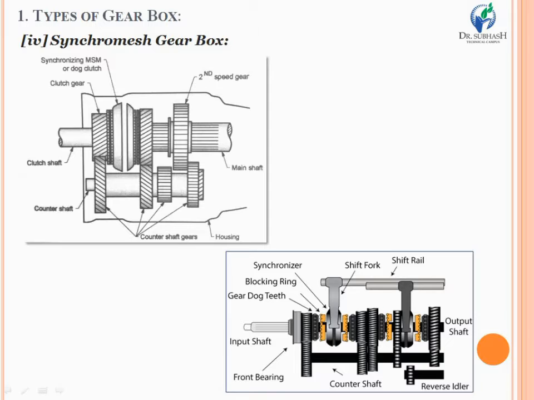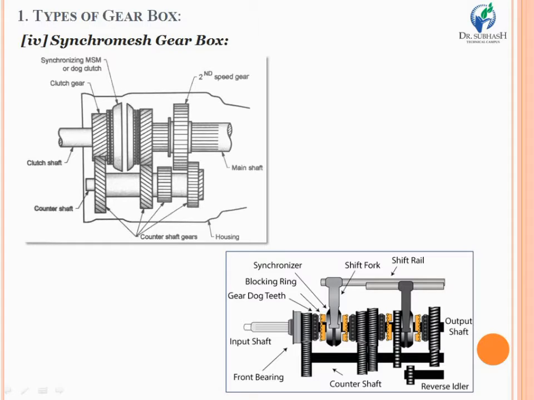So in constant mesh gearbox, there are 2 sliding dogs that are being used, and by frequent operation of those sliding dogs, either left or right hand side, you are getting the first gear to be meshed, the second gear to be meshed, or even the reverse gear to be meshed.